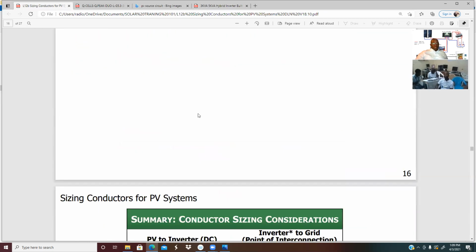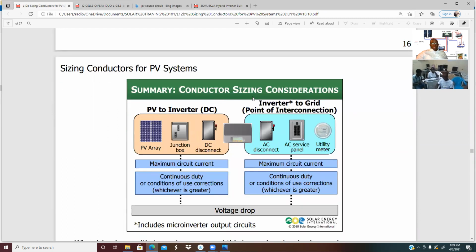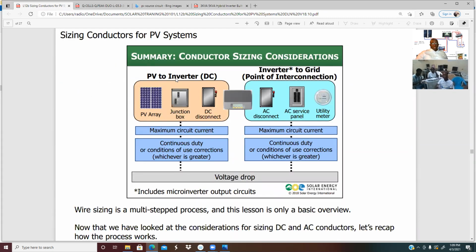Let's move forward. Page number 17. Summary: conductor sizing considerations. The PV to inverter DC: PV array, the junction box, the DC disconnect. The maximum source current, the continuous duty or conditions of use corrections, whichever is greater.